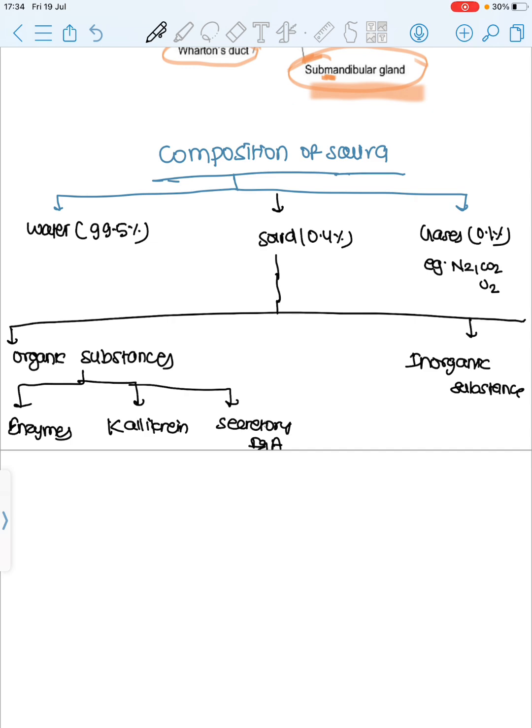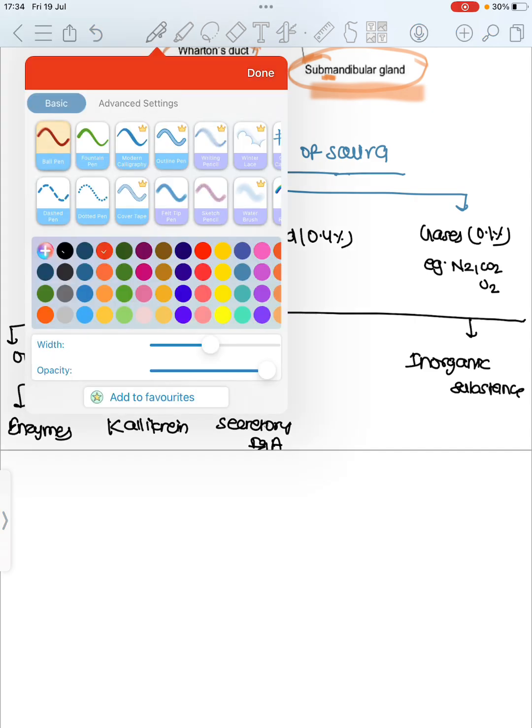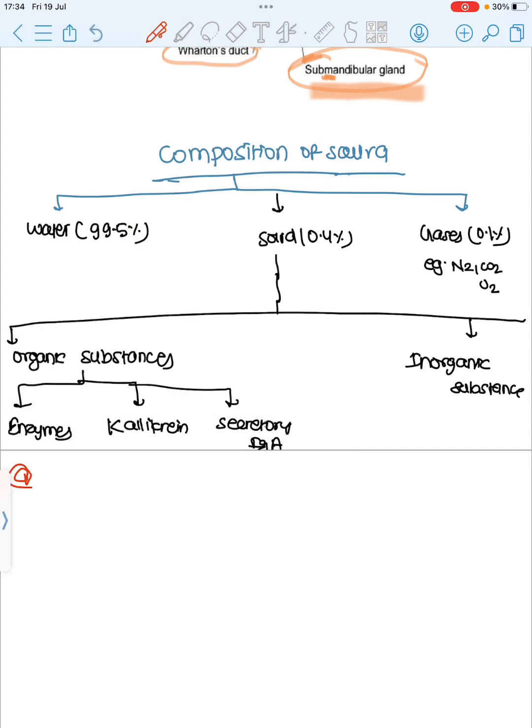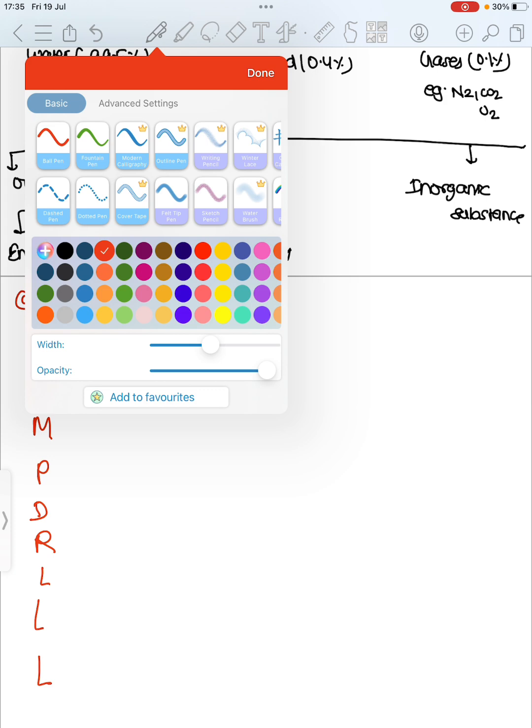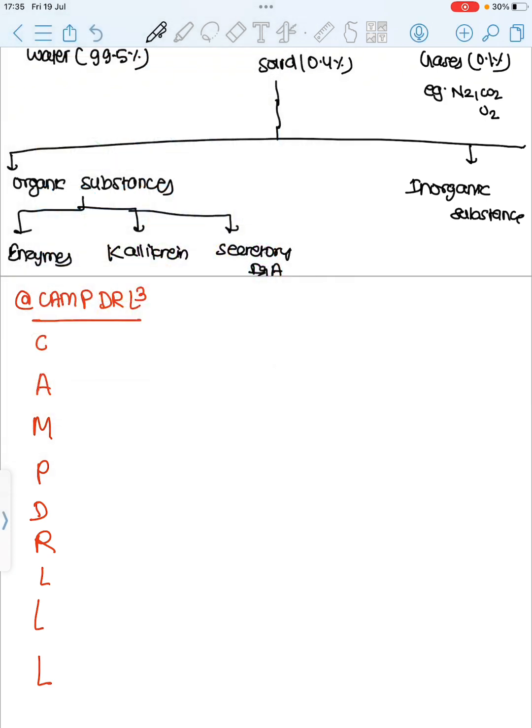For learning the enzyme names, we have a mnemonic: CAMP DR L cube, CAMPDRLLL. C for carbonic anhydrase.